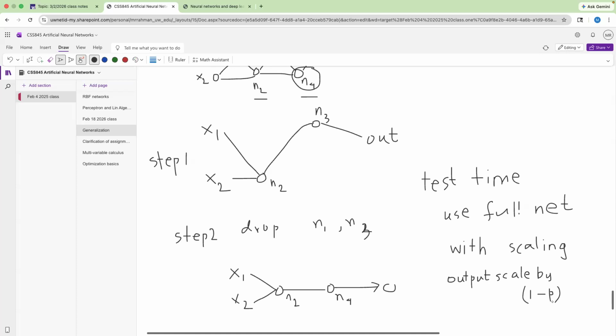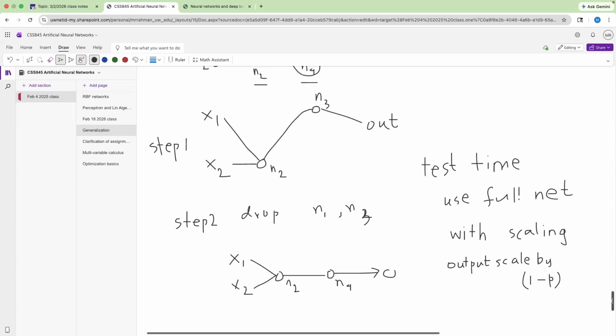Because why is that? Because let's say P is 50% or half, then you scale by 1/2. So your output that you get during test time, you're going to just scale down by 50%, and that makes the results from the output on a similar scale as the training time network, because in training time you are dropping 50% of the neurons, right? So that's how you adjust the scale at the test time.